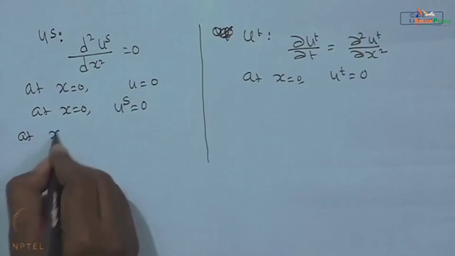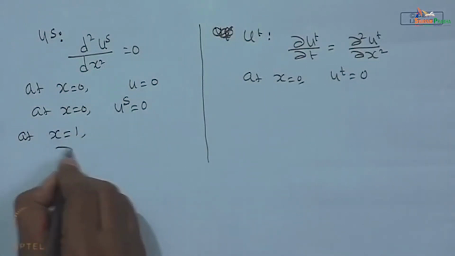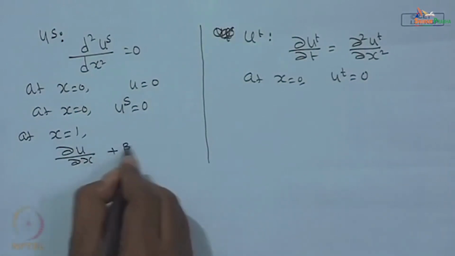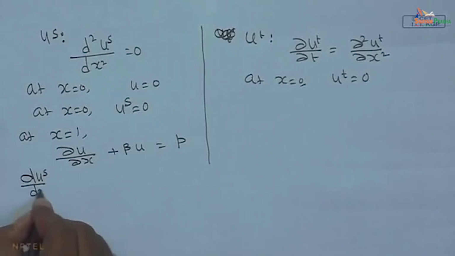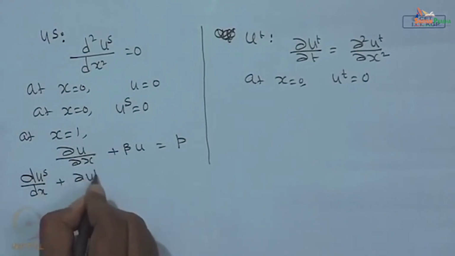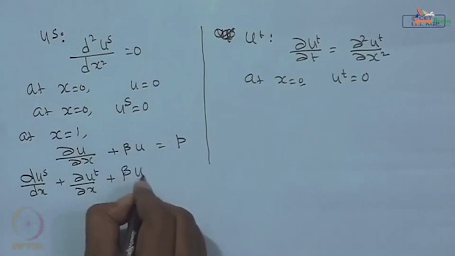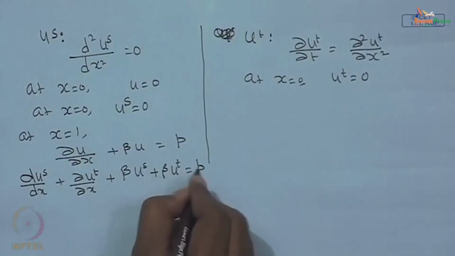On the other hand, the non-homogeneous boundary condition at x is equal to 1, in the mother problem, was del u del x plus beta u is equal to p. So, what we can have is d u s d x plus del u t del x plus beta u s plus beta u t is equal to p.